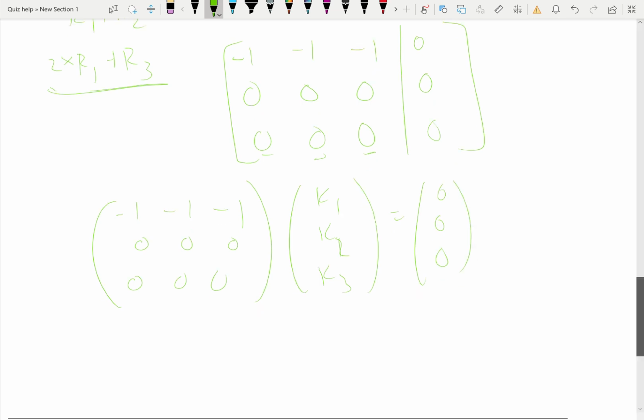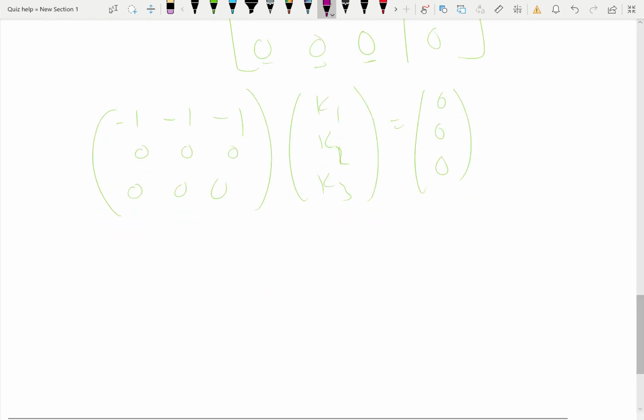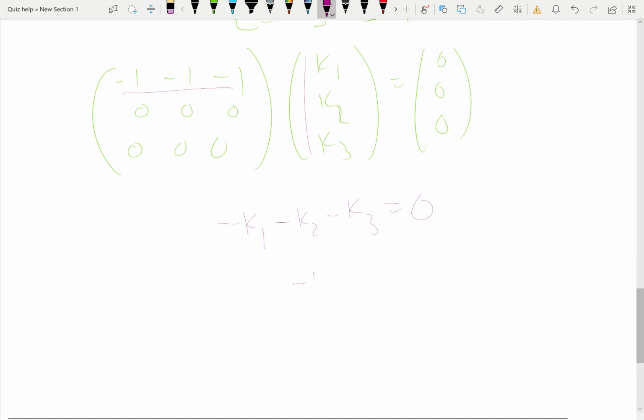So the k equation would be, from here, negative k1 minus k2 minus k3 is equal to 0. Here we only get one equation. So we cannot just choose k3 and get k2 and get k1. We have to make two choices, right? With one choice, you can't get anything.